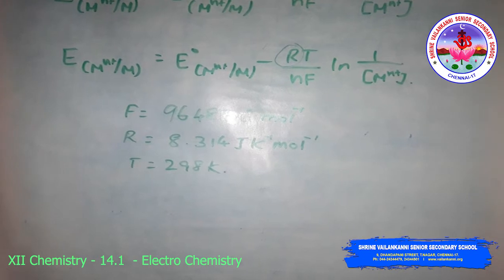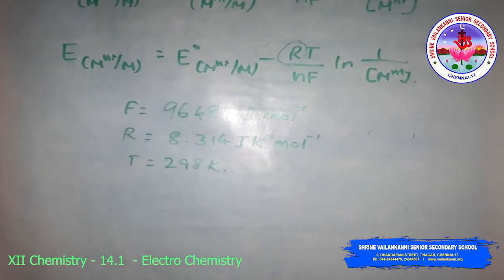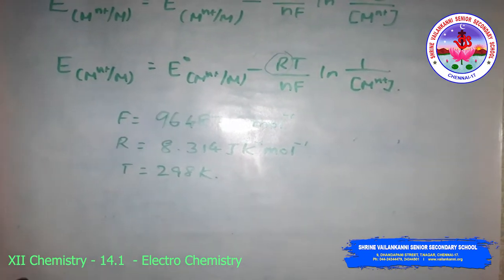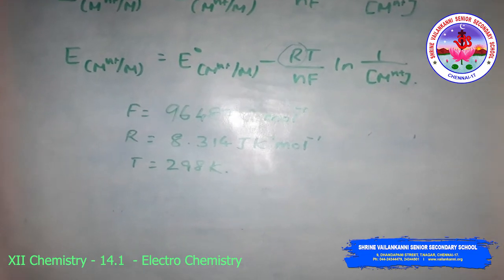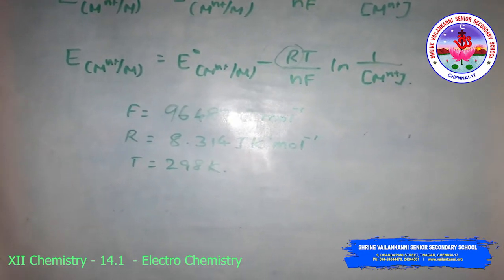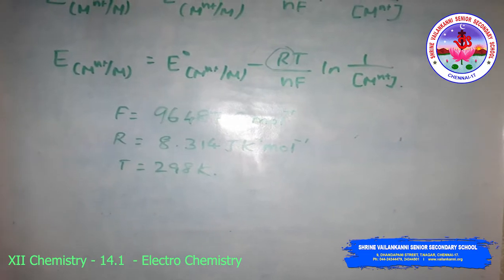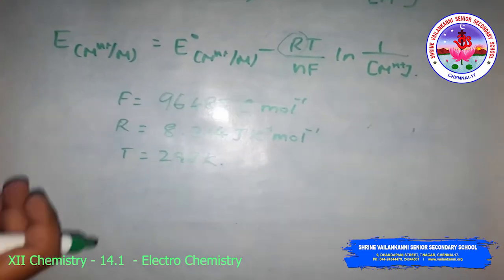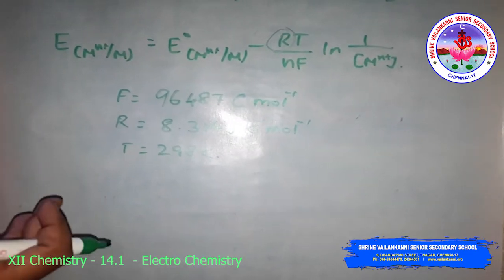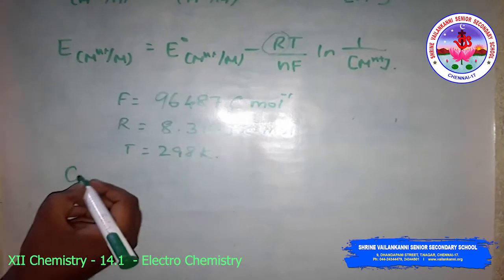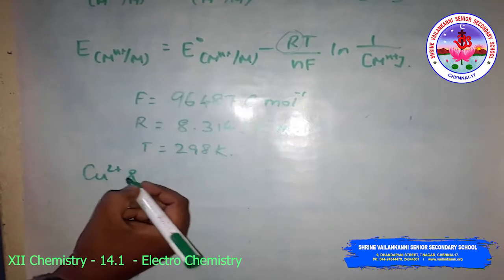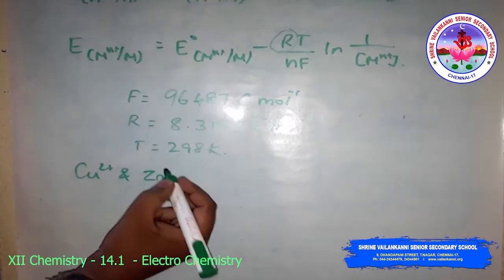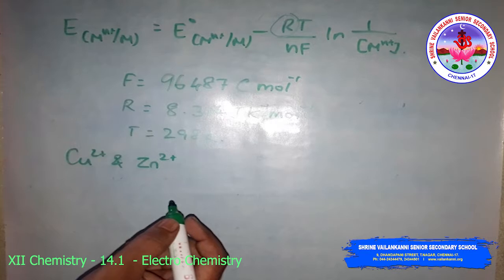You can see table number 3.1, the standard electrode potential at 298 Kelvin, which gives the increasing strength of the oxidizing and the reducing agent. You can see that in a Daniell cell, the electrode potential for any given concentration of the Cu2+ ion and Zn2+ ion.